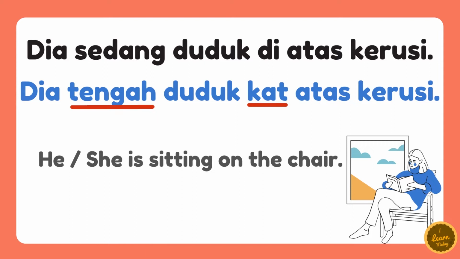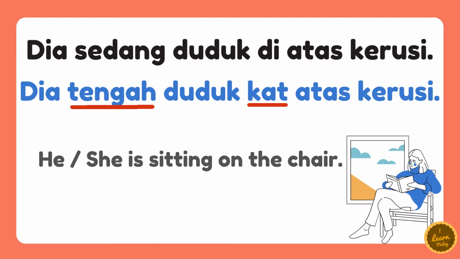It means he or she is sitting. Di is changed to kat to be colloquial. To learn kat in detail, I recommend that you watch this lesson. The link is above. Di atas kerusi. Kat atas kerusi.